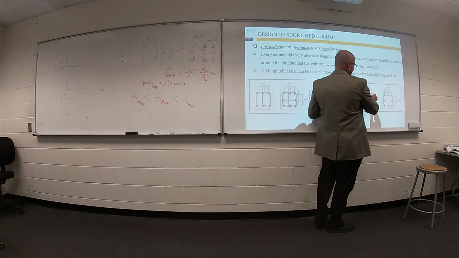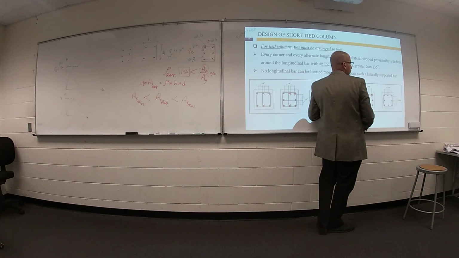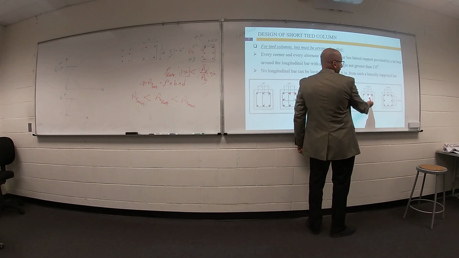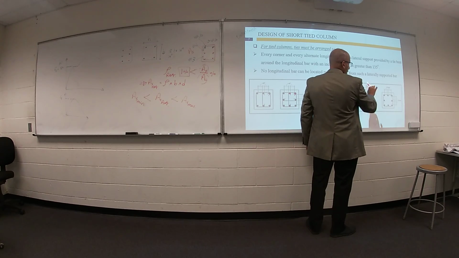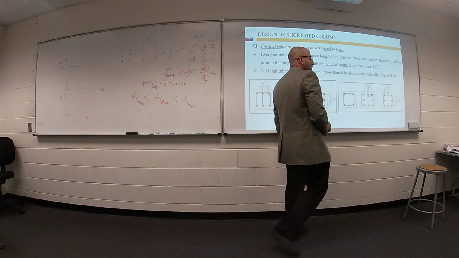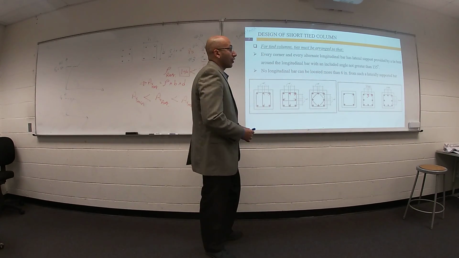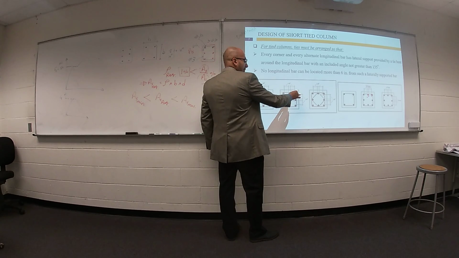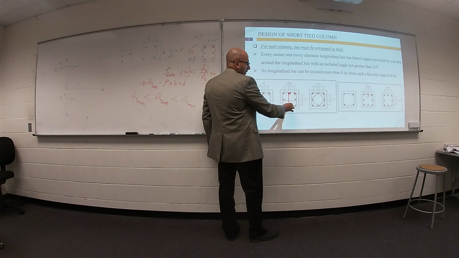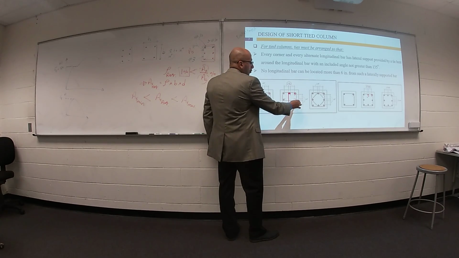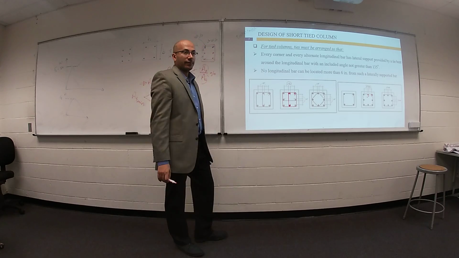The clear spacing from this edge to this edge. If the clear distance between this bar and this bar equals 6 inch or less, I can put this bar without any additional tie. But if this distance is greater than 6 inch, no. This bar needs 1 additional leg to your tie. You got it?